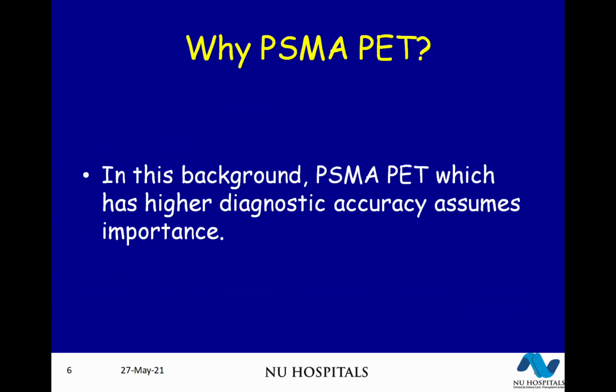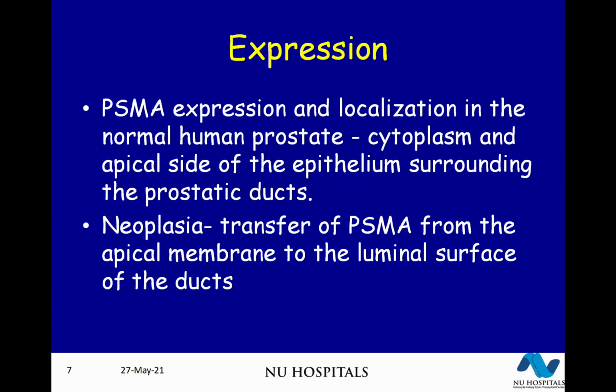So in this background, PSMA PET has become important now because of its higher diagnostic accuracy. It seems important in the staging as well as the management, both. A few brief points about why PSMA has been chosen: the normal prostate also expresses the prostate-specific membrane antigen. The exact function of it has not been described.